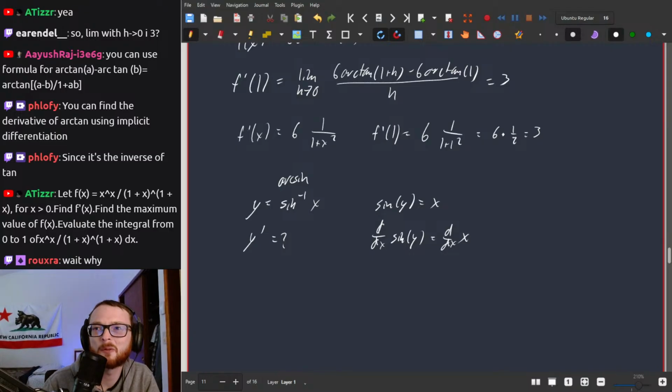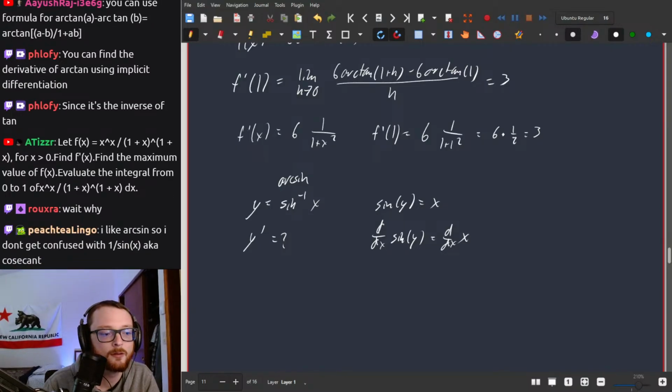And you have a little bit of tricky algebra, but you'll eventually be able to find that y prime is 1 over root 1 minus x squared, I think, if I have that right. Why about this notation? I don't like the little -1, because it makes people think of 1 over sine, and it's not that. It's a different thing.